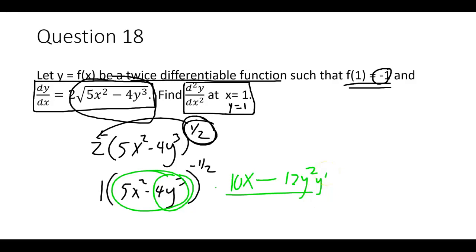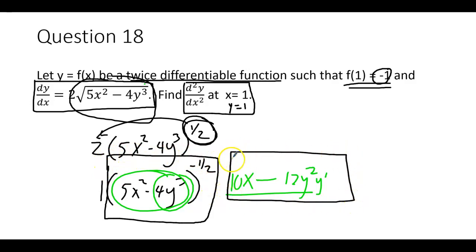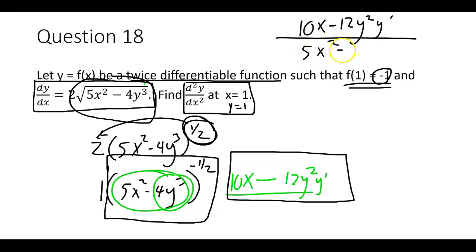All right. Now I'm going to rewrite this a little bit. First of all, this whole thing here, I'm going to put it in the denominator, and this whole thing is going to go in the numerator. And so let's write that out. We have 10x minus 12y squared y prime over 5x squared minus 4y cubed.